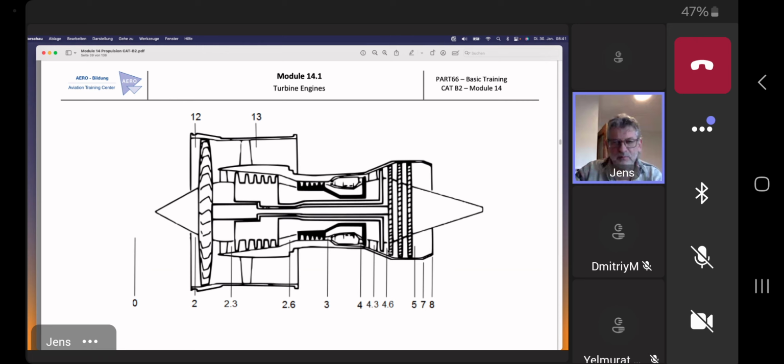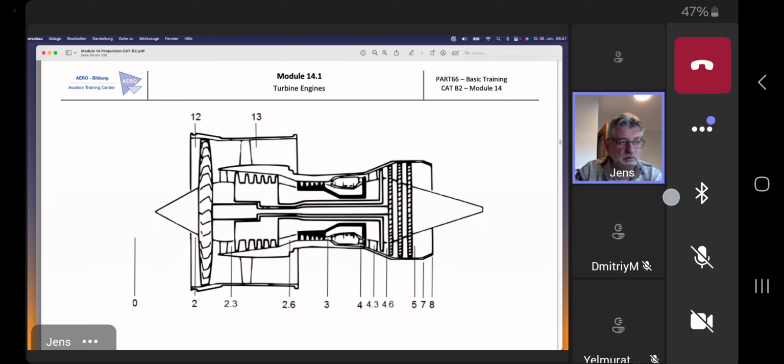It's much easier to place some EGT probes up there. And the newest engine you have in your fleet, the PW11, they put the EGT probes up here, in the turbine exhaust case. So this depends on the manufacturer.